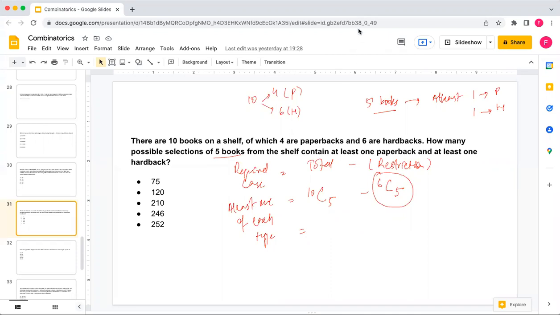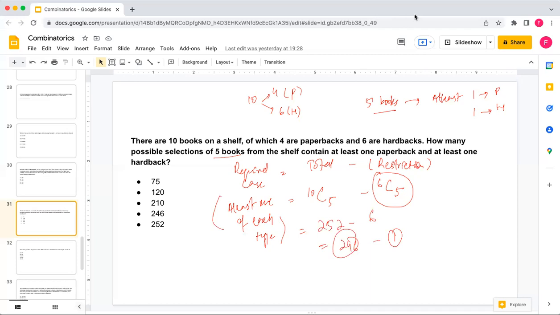Okay, so 252. And what is 6C5? That is 6. So this is 246. This is the first way of doing it, in which I just remove the restricted part from the total so that I get the required case.